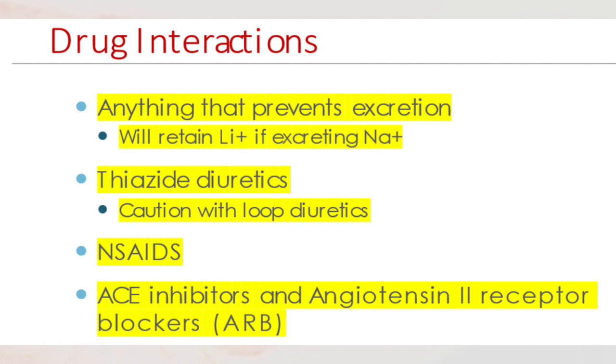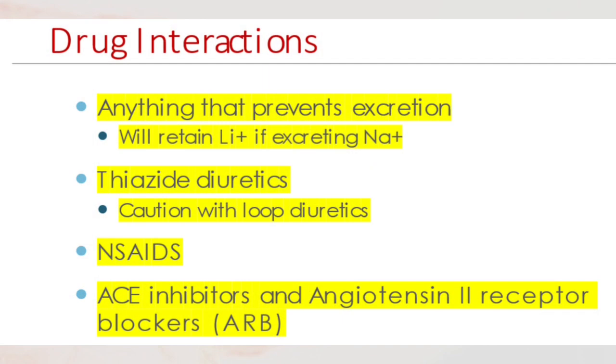Elevated lithium levels occur if they take it with anything used for hypertension, like thiazide diuretics, NSAIDs, ACE inhibitors, angiotensin 2 blockers. Know that ACE inhibitors and angiotensin 2 blockers are for heart conditions, especially cardiac conditions that have to do with volume control.